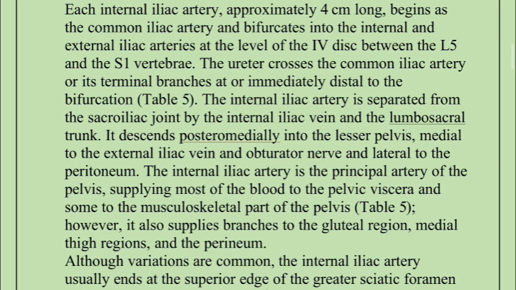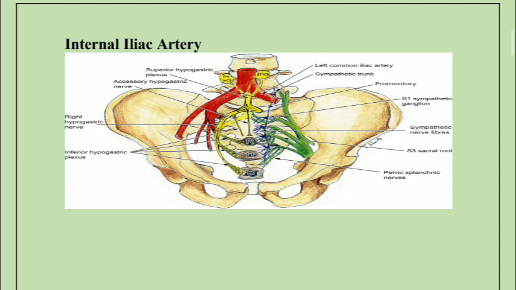The internal iliac artery is the principal artery of the pelvis, as it supplies most of the blood to the pelvic viscera and some to the musculoskeletal part of the pelvis.